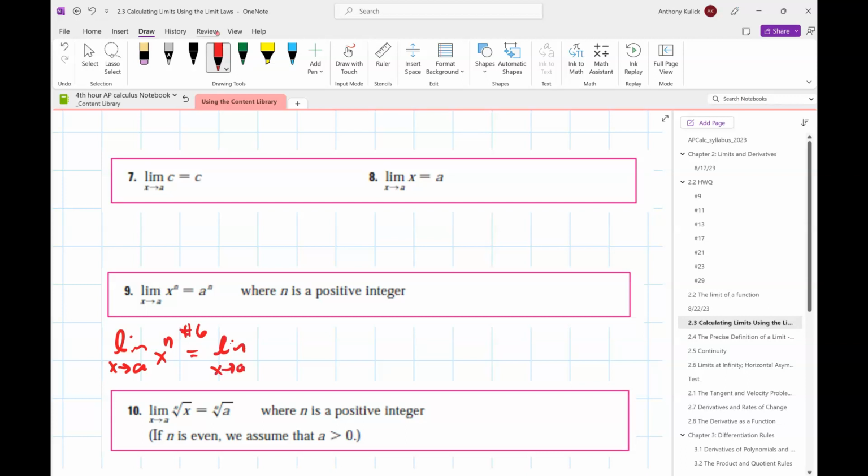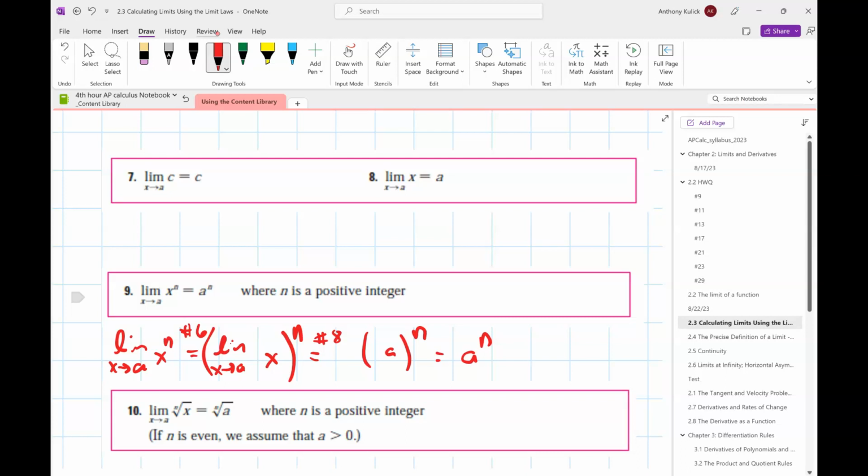That allows me to do that. And then property number 8 allows me to say that, which just turns into a to the n. That's just me proving that previous theorem.